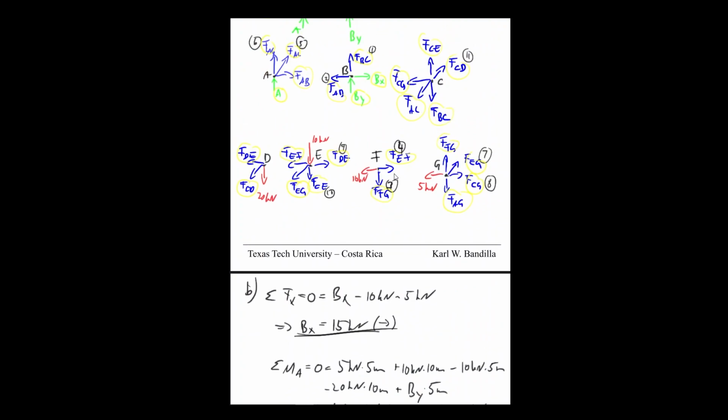Sum of forces in the x direction equal to 0. And that is then minus 10 kilonewton plus FEF. FEF is equal to 10 kilonewton, and that is then in tension. All right, that was point F.